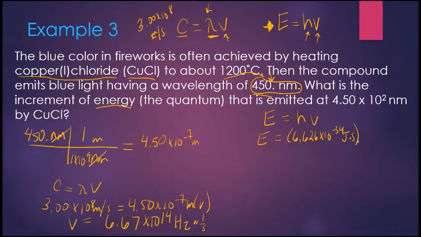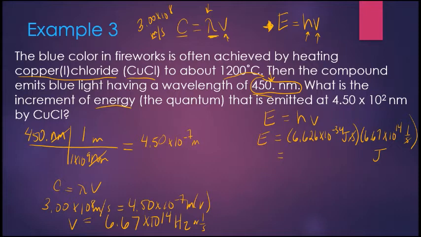And the frequency now I know is 6.67 times 10 to the 14th, 1 over seconds. I'm putting it in as 1 over seconds so you can see that seconds would cancel here. So the seconds here cancel, and then we're ending up with joules. So whatever we get over here for energy is going to be a certain amount of joules. And joule is the metric system unit or international system unit of energy.